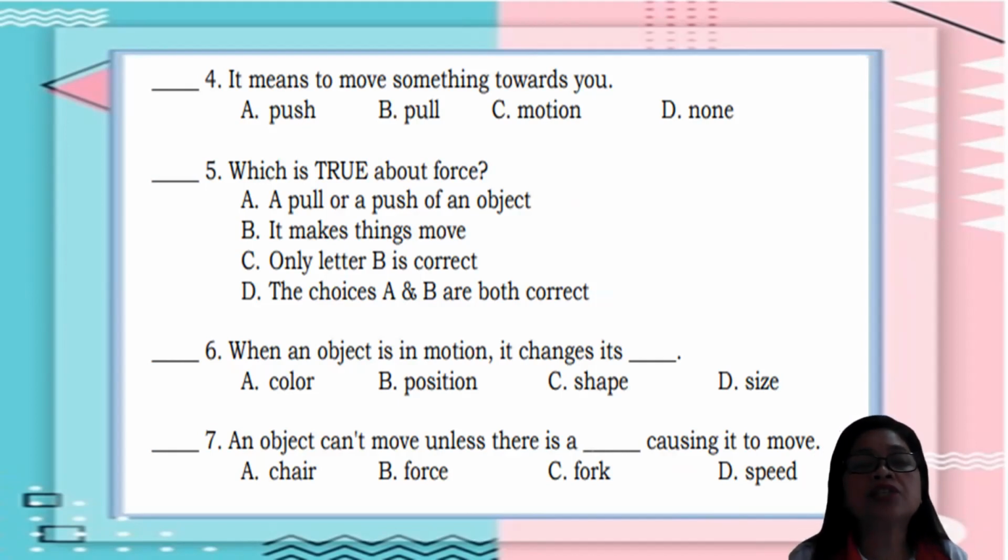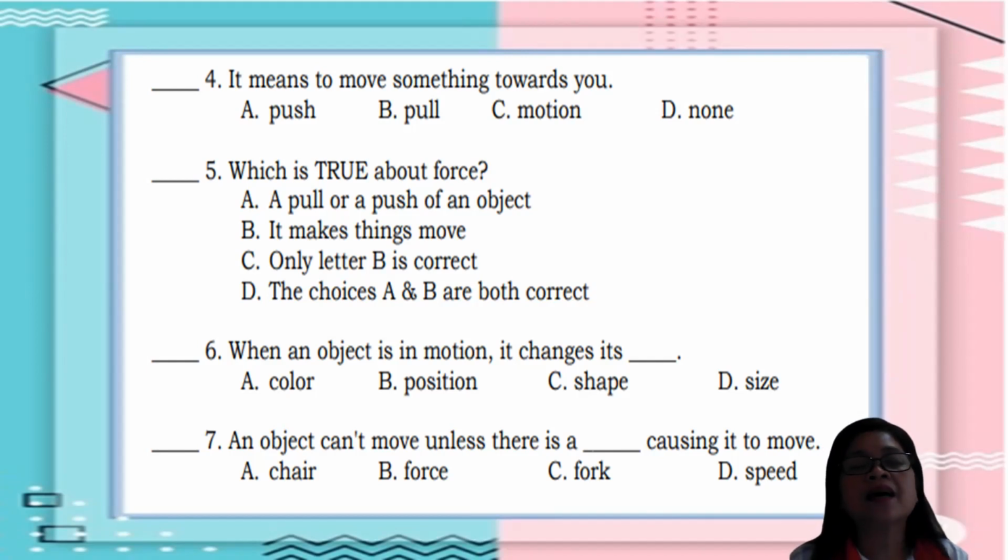Number 5. Which is true about force? A, a pull or a push of an object. B, it makes things move. C, only letter B is correct. D, the choices A and B are both correct.